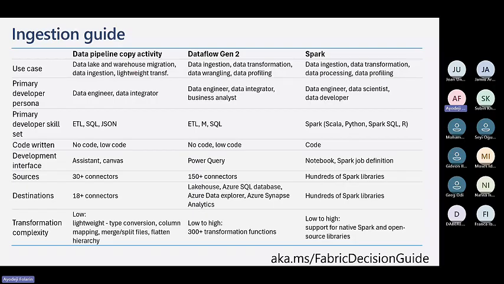But when you are talking about Dataflow Gen 2, what always comes to mind, number one, is no code or low code. If you are the type that is scared of code, when you talk about data ingestion, why not go for things like this? Or you can use data pipeline if you are scared of code.